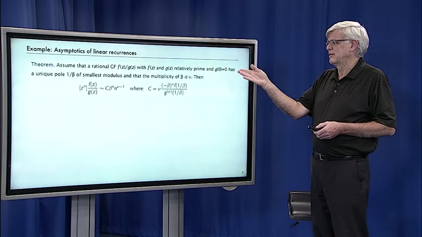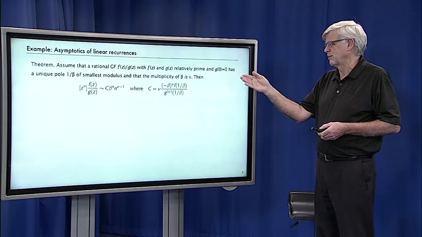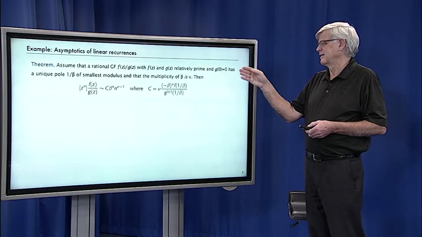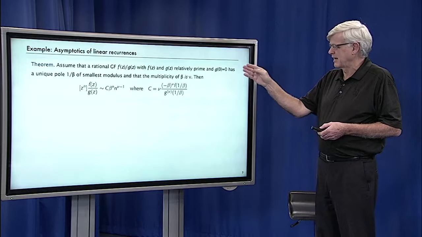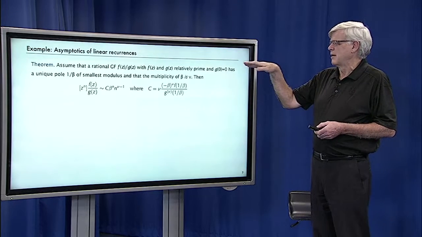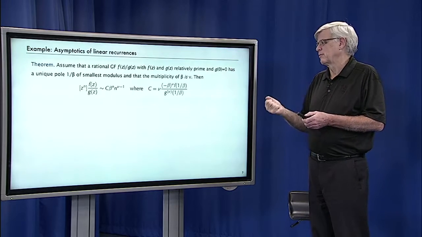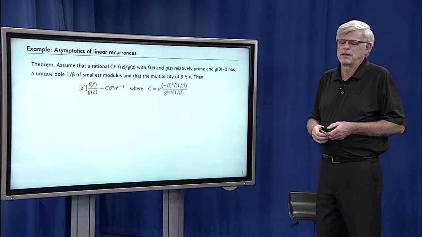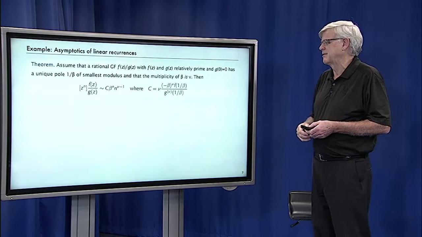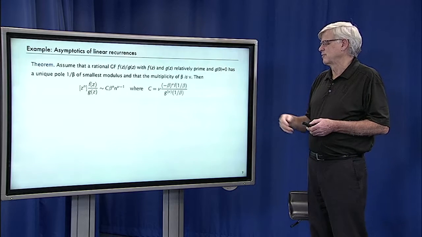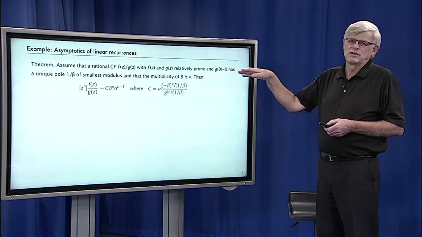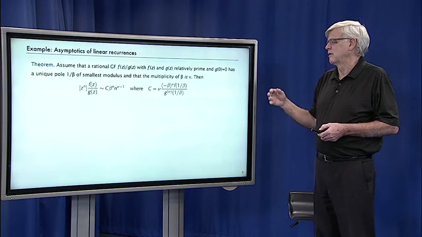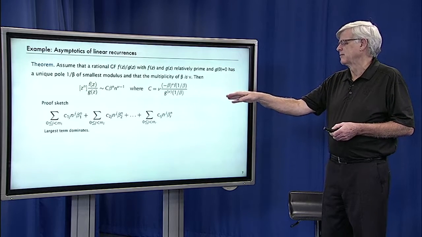The coefficient of z to the n in the ratio of the 2 polynomials is asymptotic to a constant times beta to the n times n to the nu minus 1, where beta is the smallest modulus root of the polynomial in the denominator, and nu is its multiplicity. So this is just picking the leading term off of the more detailed theorem.